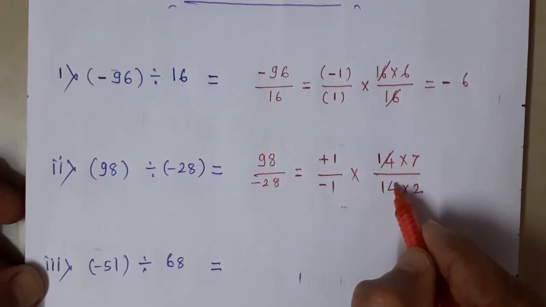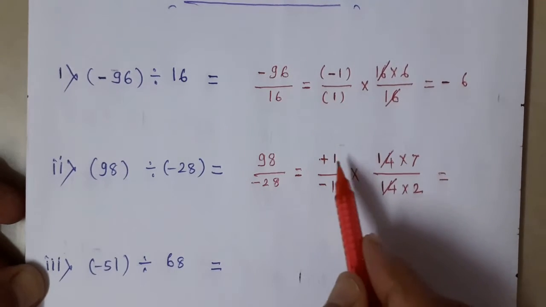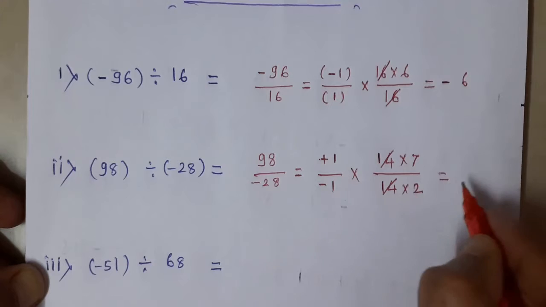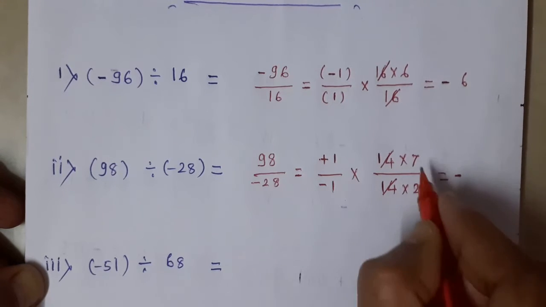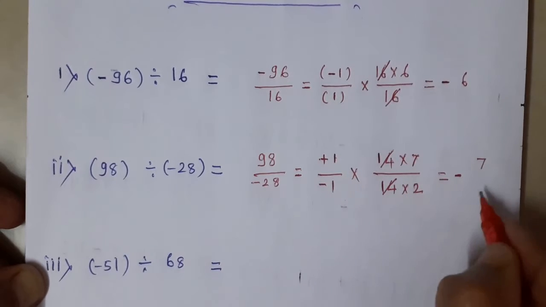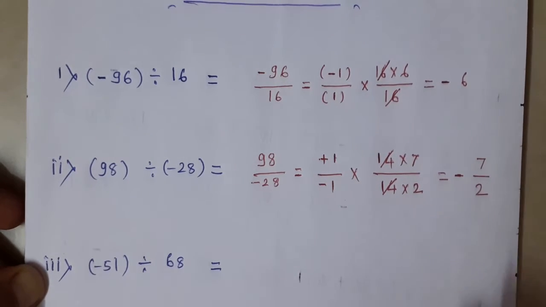The 14 is common, so I cancel it. Dividing a positive integer by a negative integer, the result is always negative. So 7 ones are 7 and 2 ones are 2, and the answer is minus 7 by 2.